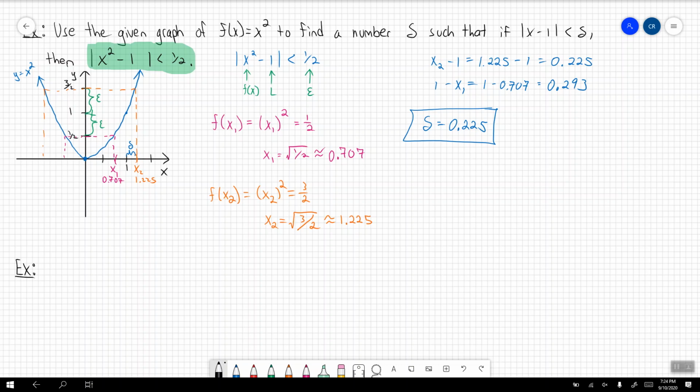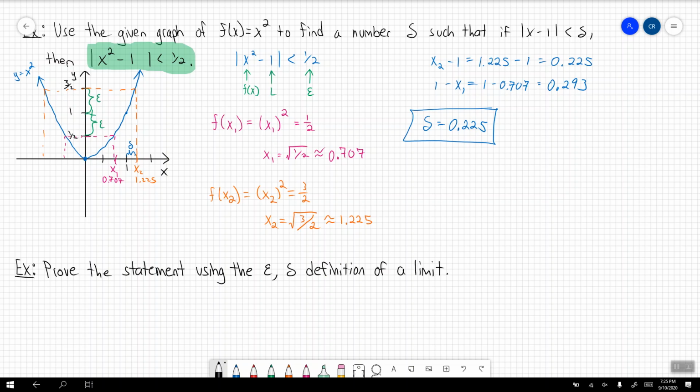And the first example that I want to work with is this example, that I want to prove the statement using the epsilon-delta definition of a limit.